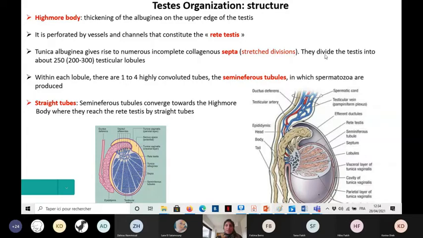Those septa will divide the testis into about 250 testicular lobules. Each testicular lobule is composed of 1 to 4 highly convoluted seminiferous tubules.